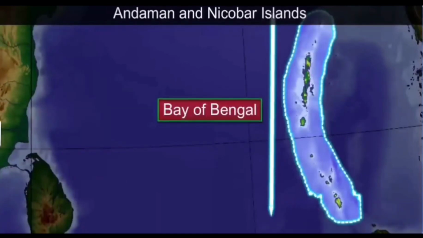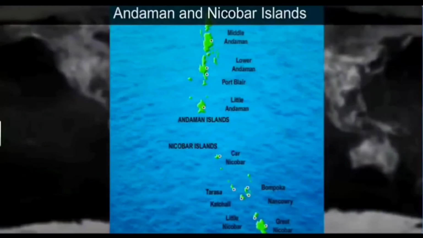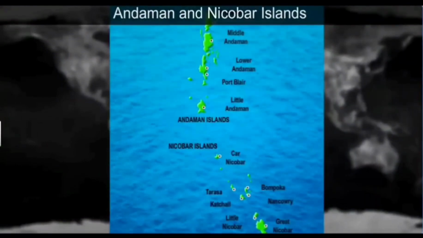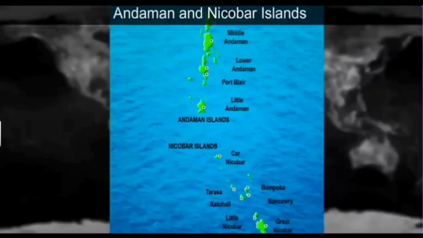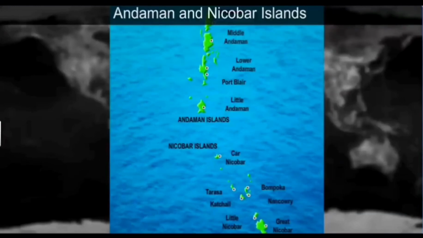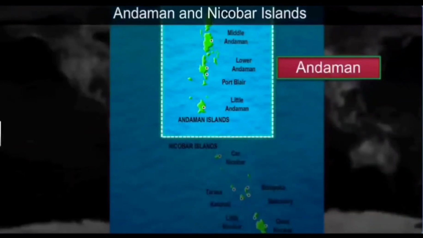Most of them are bigger in size than those in the Lakshadweep Islands. The entire group of islands is divided into two broad categories. The northern islands are called the Andaman and the southern islands are called the Nicobar.